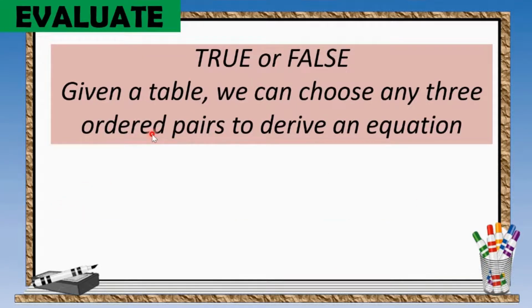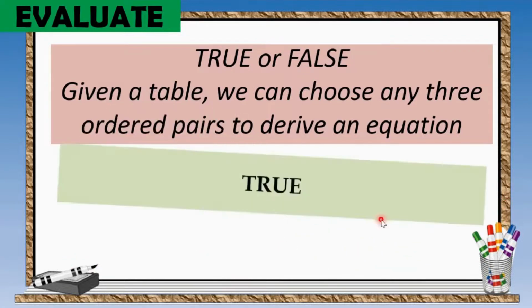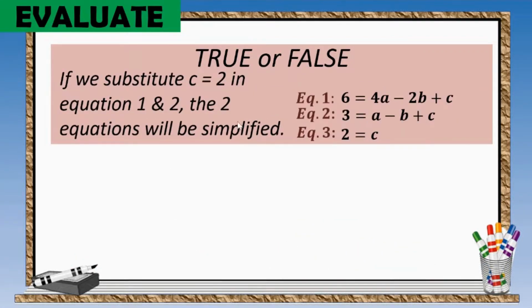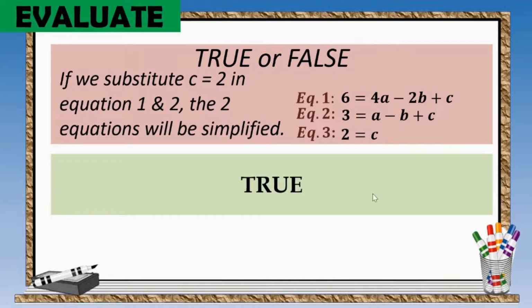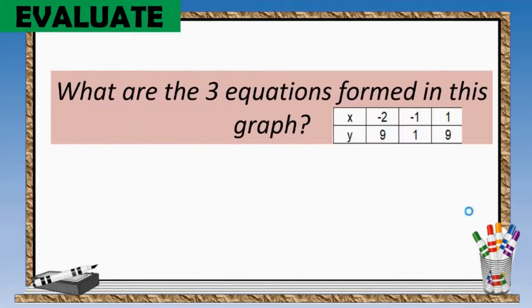Given a table, we can choose any three ordered pairs to derive an equation. True. Okay, next question, true or false? If we substitute c equals 2 in equation 1 and 2, the two equations will be simplified. Okay, so that's true.